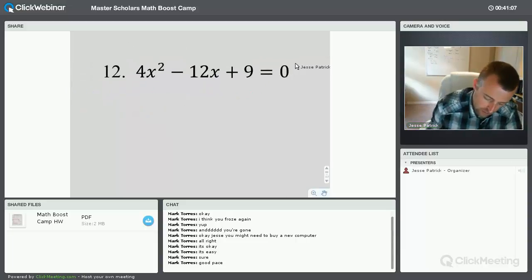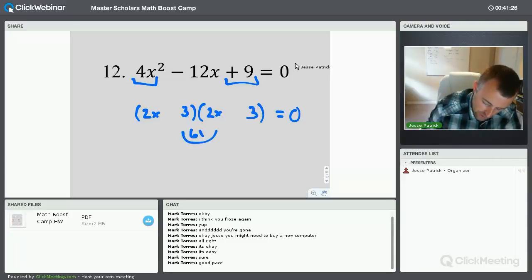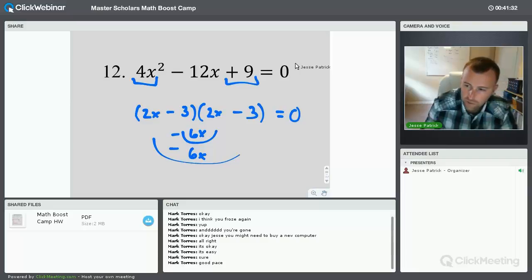And then number 12, again, notice perfect square, perfect square. So let's test this out and see if it is a perfect square. This one is combining some of that stuff I used with difference of squares. I'd go 2x and 2x. That's 4x squared. And then 9 is 3 and 3. With this one, that would be 6x and 6x. If I made both of them minus, I would have a perfect square.